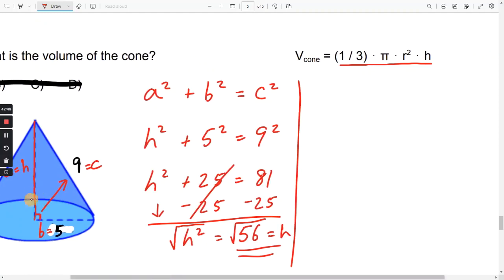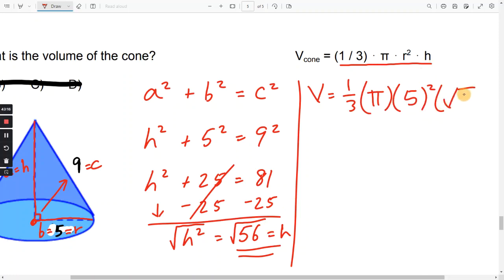Now if you look at the cone, this is the center of the circle, and going to the circle itself, this is the radius right here. That's 5. So using the formula, we have 1/3 times pi times r squared, so that's going to be 5 squared. And the height h is radical 56. Now these are all numerators with the exception of the 3.